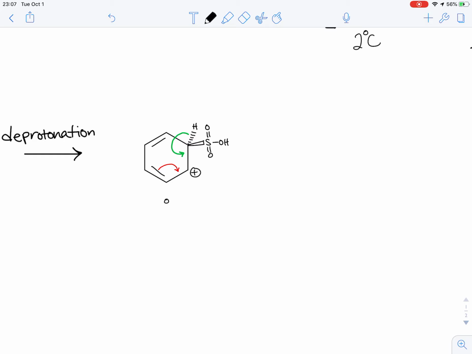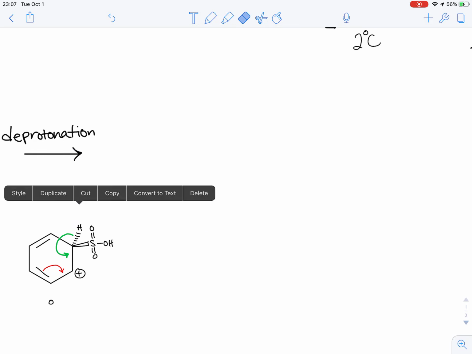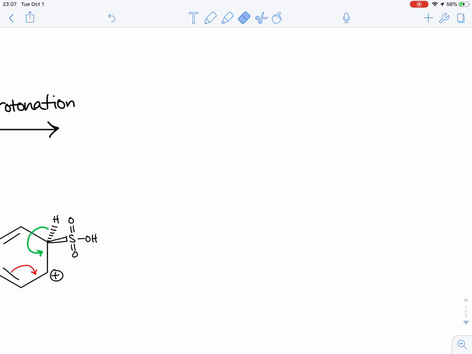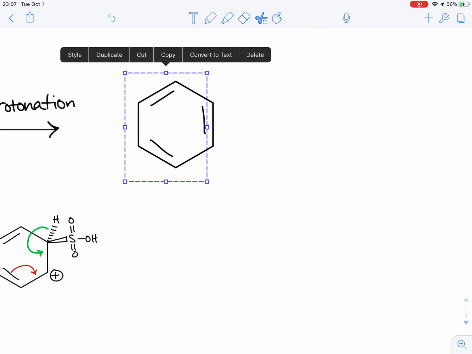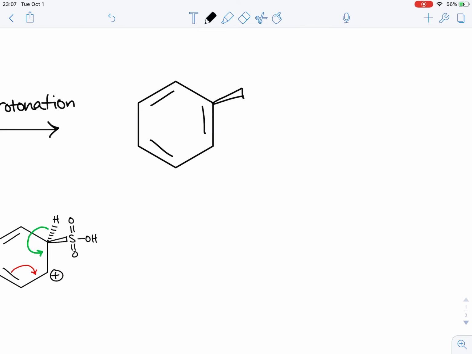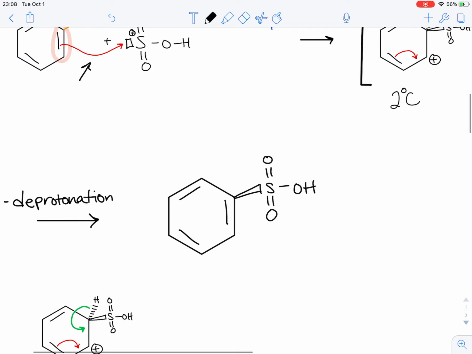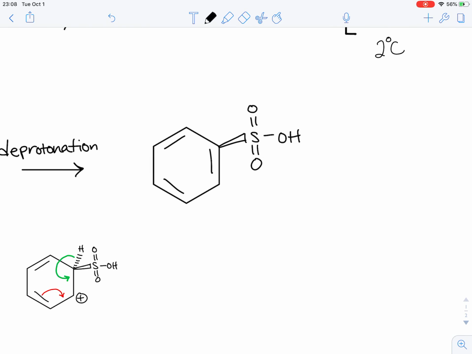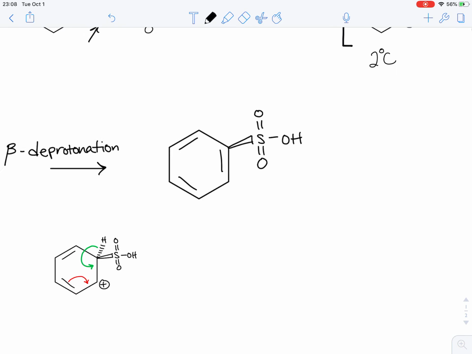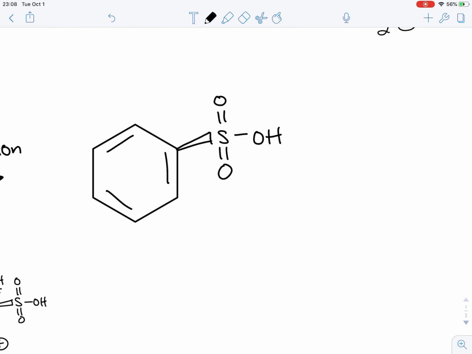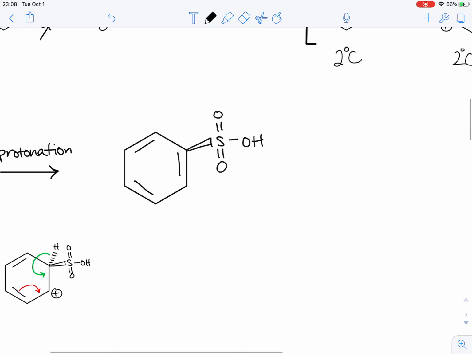What that looks like is a benzene ring with your reagent attached to it. And this is the final product. The hydrogen is no longer there because it became that bond.